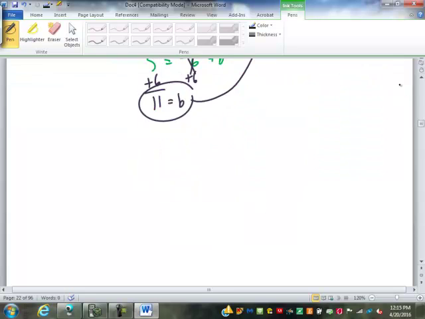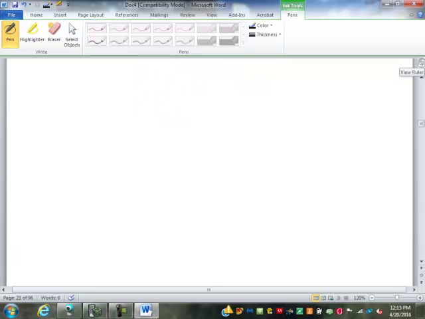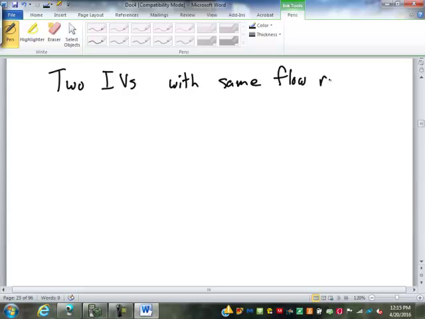But there are applications in the medical fields where the whole idea of giving you the same point or different point is very applicable. For example, we have two IVs with the same flow rate. Okay.